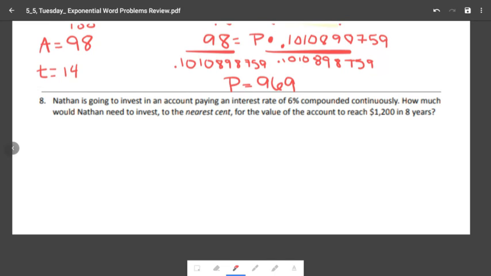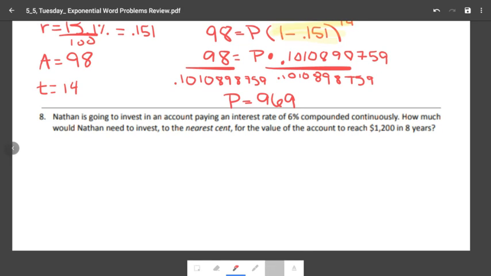Question 8, last one. Nathan is going to invest in an account paying an interest rate of 6% compounded continuously. How much would Nathan need to invest to the nearest cent for the value of the account to reach $1,200 in 8 years?